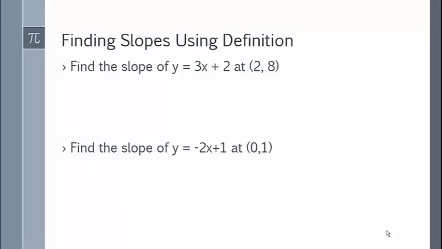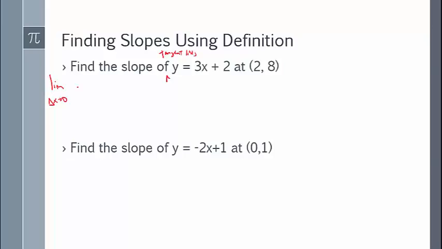Okay? All right, so now we want to use that definition from the last slide to see if we can come up with some slopes of tangent lines at some given points for some given functions. So we want to find the slope of the tangent line of y equals 3x plus 2 at the point (2, 8). So remember what our definition said.